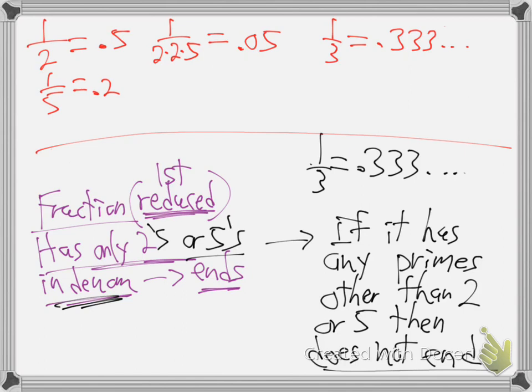Now, why? Why do 2's and 5's only? That's okay. So notice if I say, what if you had a number like 1 over 14? If you took your calculator right now and went 1 divided by 14, do you think you're going to get a decimal that goes forever or that ends? If you broke down that 14, it's 2 and 7, right? So that's really 1 over 2 times 7. So what's it going to do?